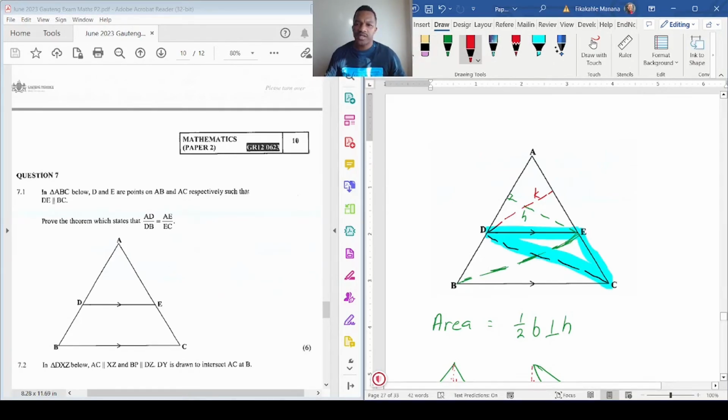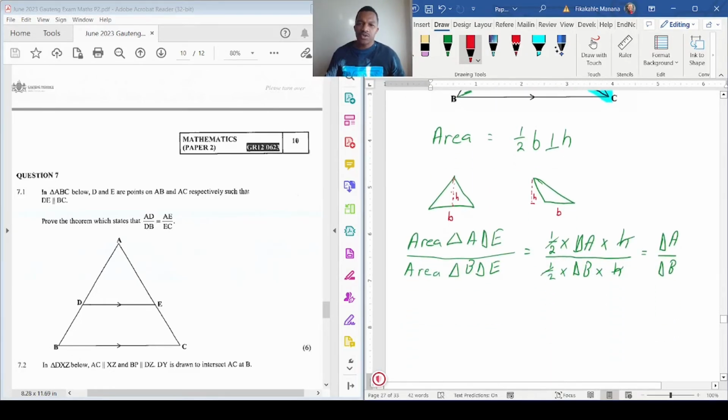Okay, using this height, now we're going to go for the same thing: area of triangle ADE, same triangle, just different height, all over area of triangle, this time it's triangle CDE.